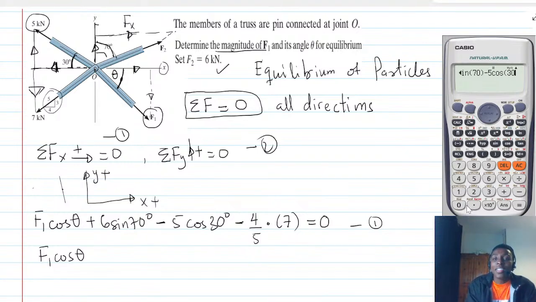So 5 cos 30 and then what? Minus 4 on 5, so 4 on 5 multiplied by what? 7.